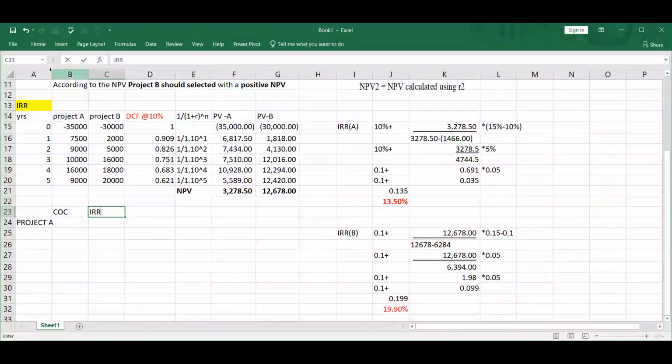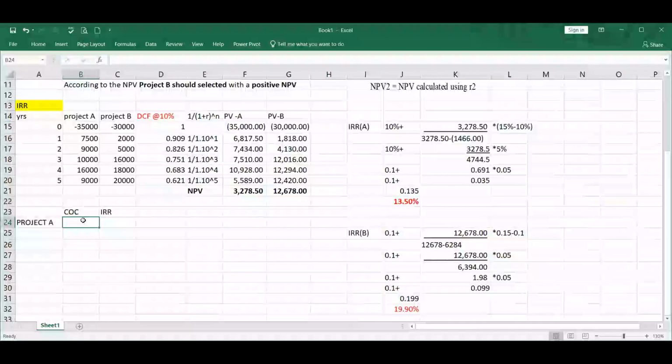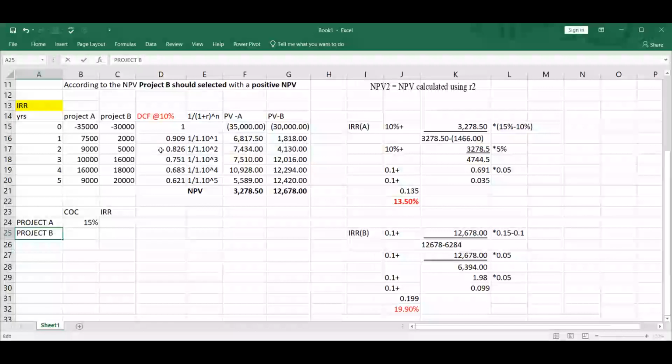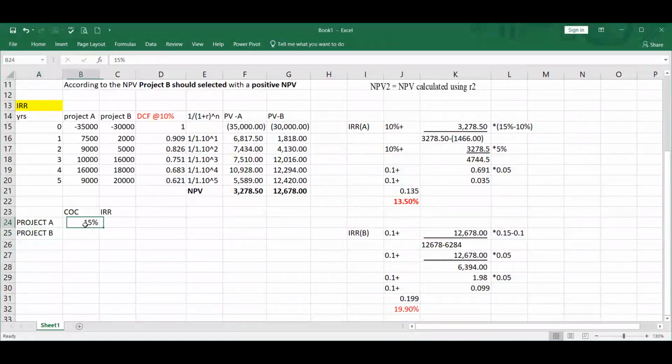Normally we take the cost of capital here as 15% for both project A and project B. But here in project A, you have 13.5% IRR, whereas for project B, you have 19.9% IRR.